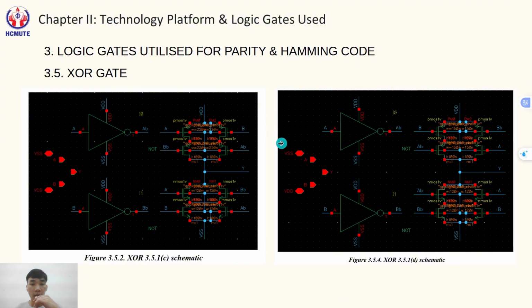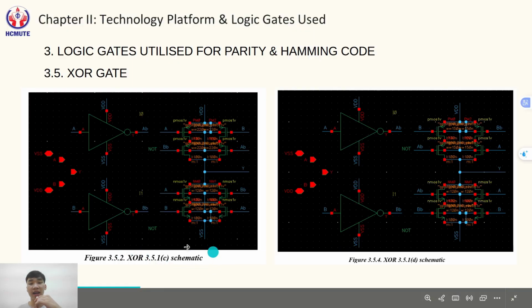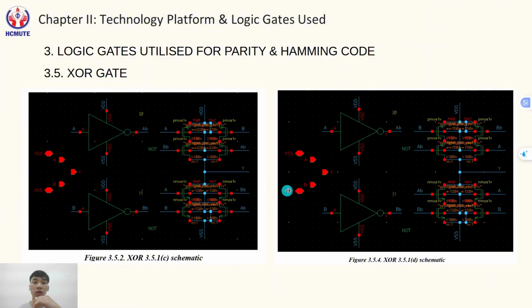In this section, a short comparison will be made between two XOR circuit types. In figures C and D, we compare delay and power consumption under identical simulation conditions to determine the more optimal design for future implementation.